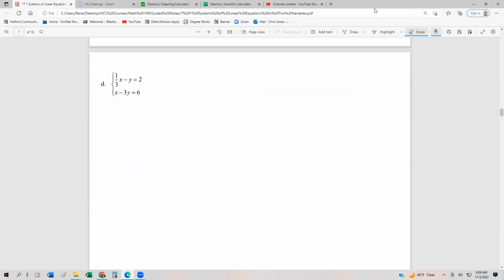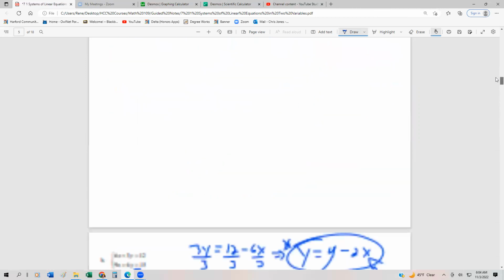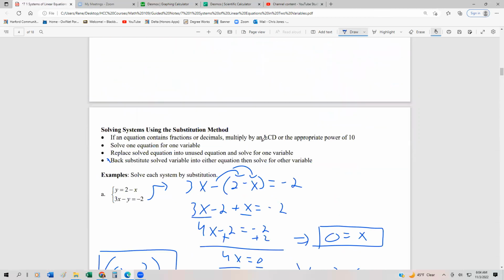One last example. This one has a fraction in it, no big deal. So we have 1/3 x minus y equals 2 and x minus 3y equals 6. Now, our first step, and we haven't done this yet, is to multiply by a least common denominator if it contains fractions.